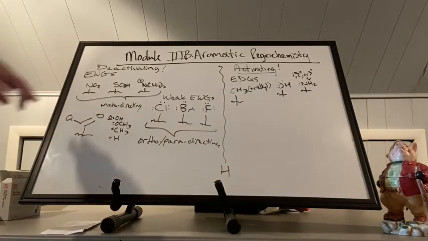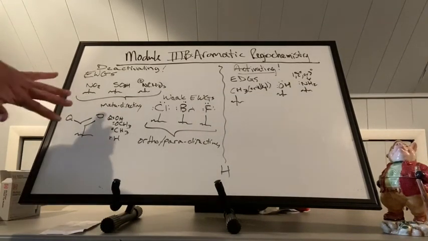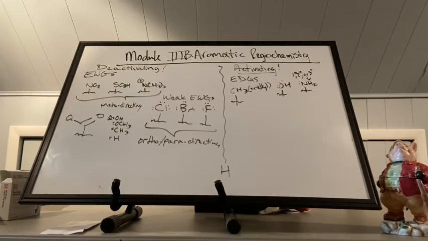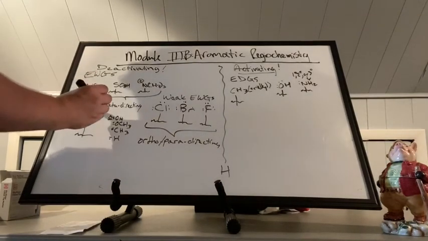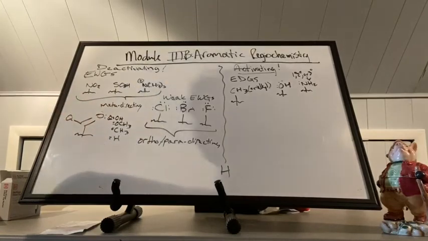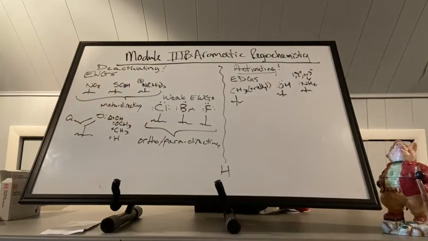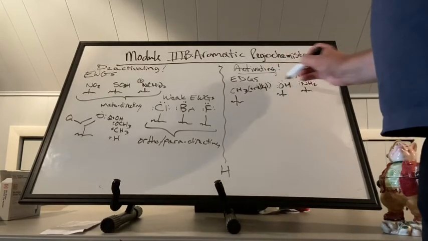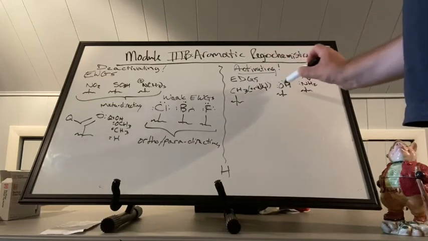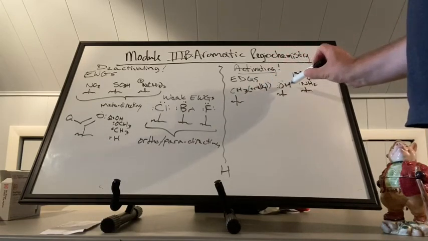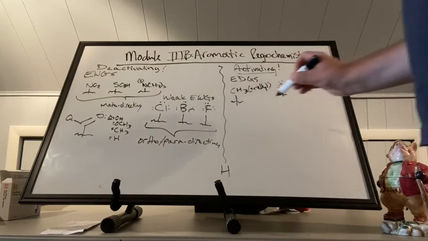Whatever's over here, that's also going to be strongly meta-directing, or strongly deactivating. Remember that C=O double bond is going to be very electron withdrawing. All right, so we've gone over CH3 or an alkyl chain, OH, NH2.